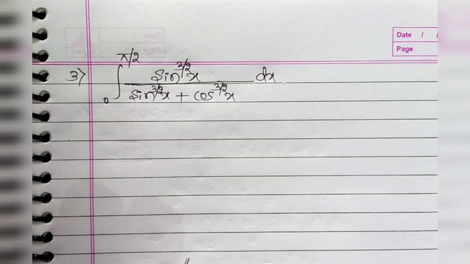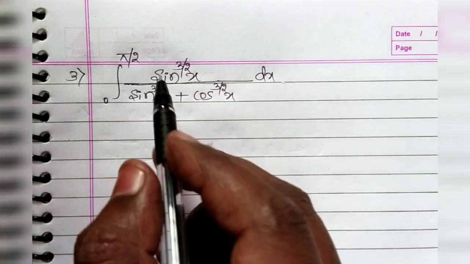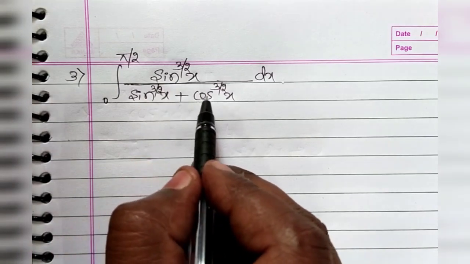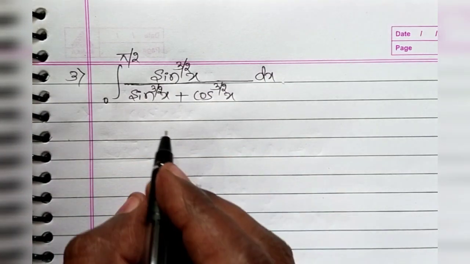Well, the third problem is the integral from 0 to pi by 2 of sine raised to 3 by 2 x divided by sine raised to 3 by 2 x plus cos raised to 3 by 2 x, dx.